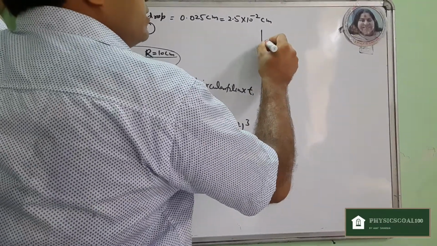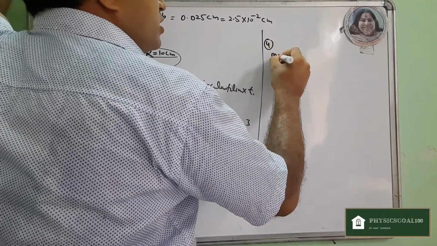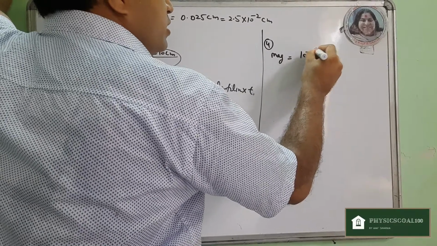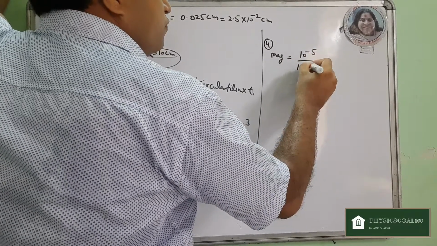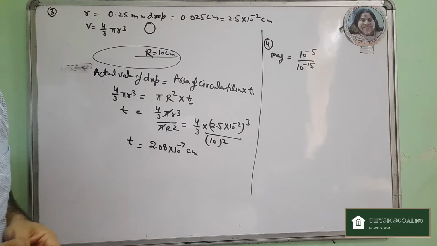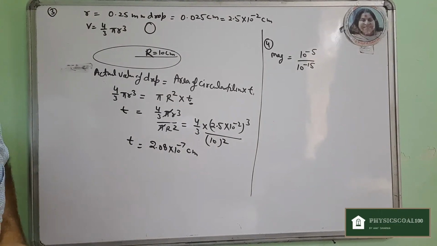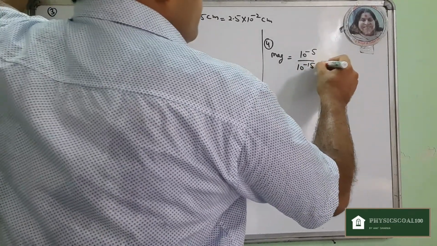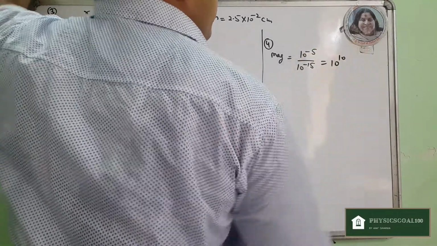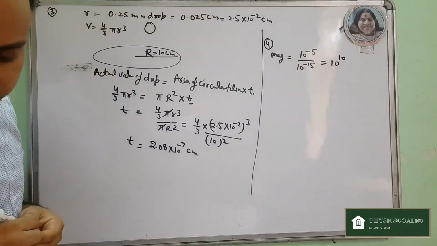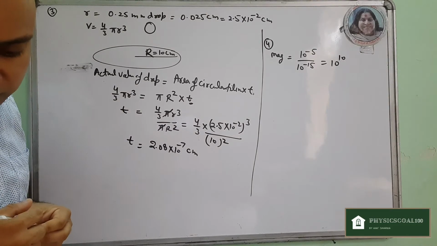Example 4. Magnification: 10 की power minus 15 is scaled up to 10 की power minus 5. So we are having magnification 10 की power 10. Now he is saying that what roughly is the size of atom.